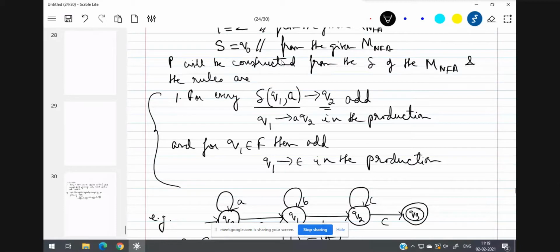Now I have written 2 kinds of rules. Let me call them number 1 rules and number 2 rules. As per number 1 rules, whatever transitions we retrieved from the given NFA, I have converted to productions. Now for rule number 2, whatever states are in the set of final states, if you find any of them, then add this kind of production.